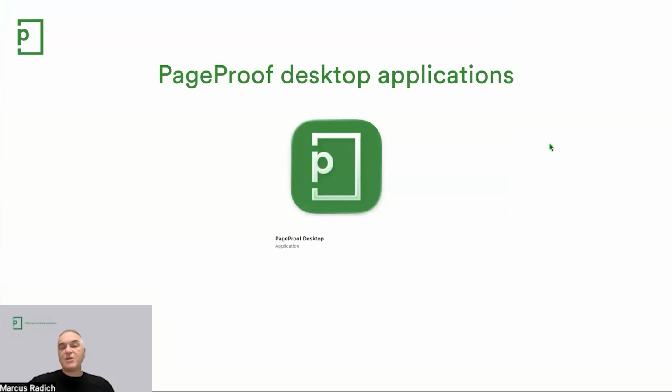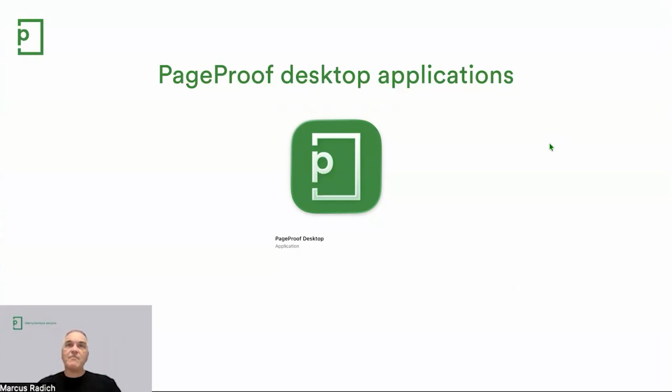Okay, PageProof desktop applications. So what we've done is just released a new set of versions of the PageProof desktop apps. And the great thing with these is, essentially what we've done is put PageProof into an app that goes into your Mac or your PC. You can download this application from the App Store or the Windows App Store, and run the application.